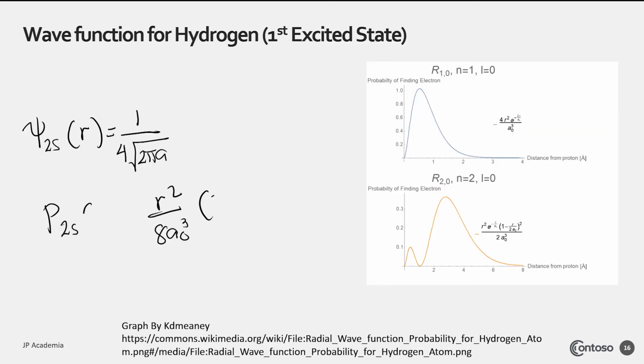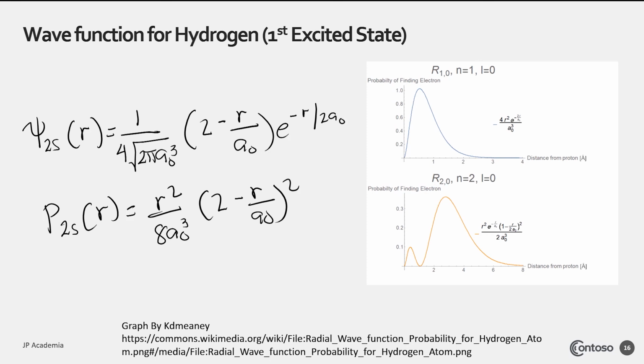On the other hand, this is the wave function and the radial probability density for the excited state n equals 2, L equals 0. We will not show the solution here. The probability of finding the electron is plotted in the figure here at the right. This shows that the electron is not really moving in a specific orbit, but in some sort of cloud of probability, as described by a probability density.